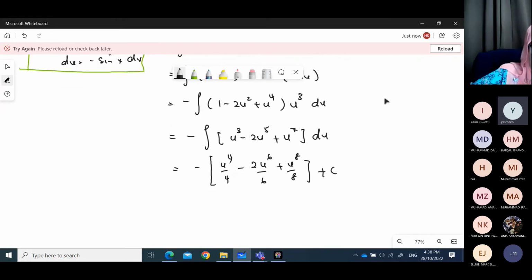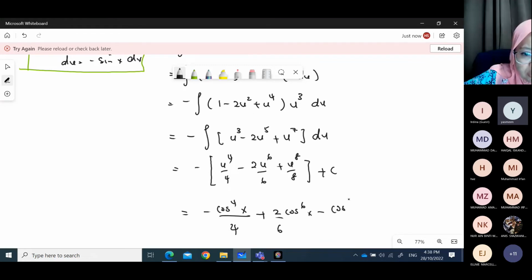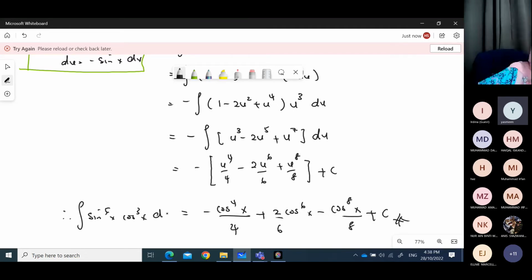Okay, so the answer will be negative cosine to the power of 4x over 4 plus 2 over 6 cosine to the power of 6x and then minus cosine to the power of 8x over 8 plus c. Alright, so this is the answer. Sine to the power of 5x cosine to the power of 3x dx.